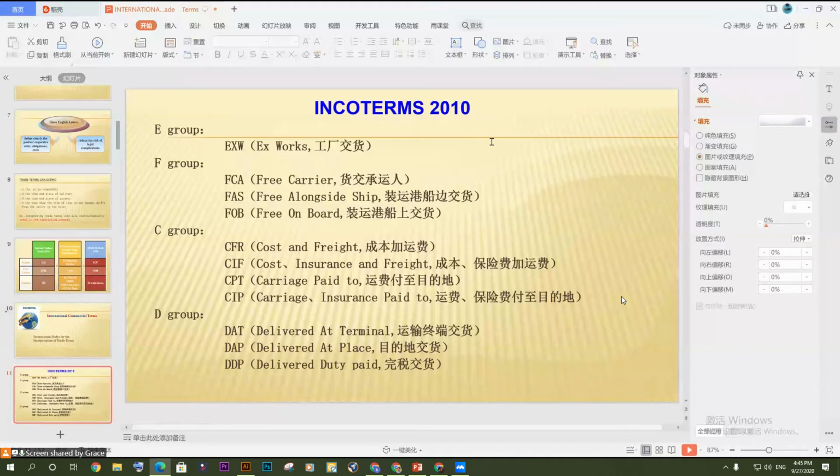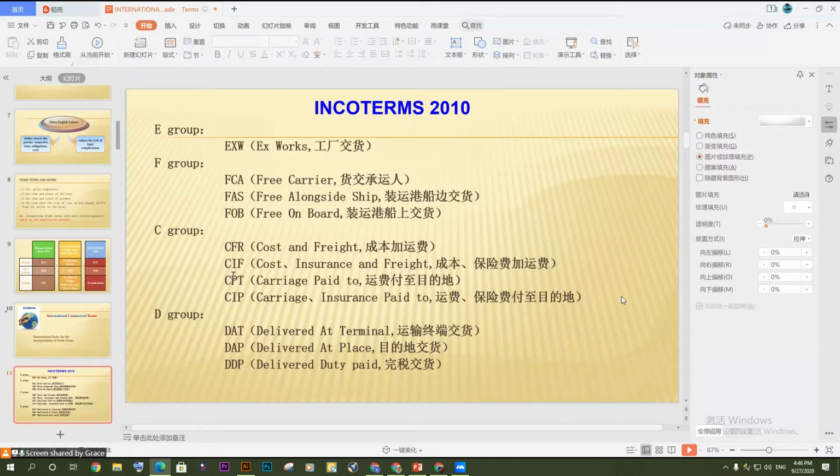Yes, now we have the latest version of Incoterms, which is 2020, and there are some changes. But now we just show you Incoterms 2010. They still have 11 trade terms here. And let's find this one, CIF.